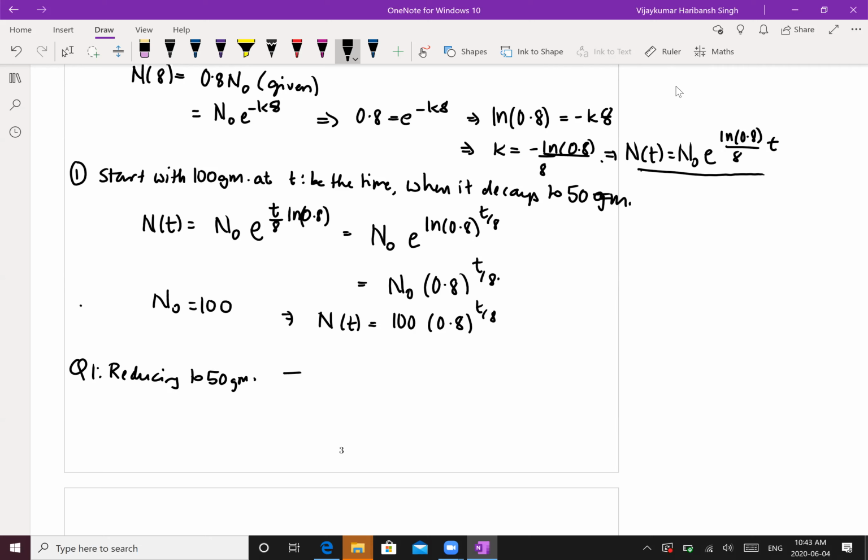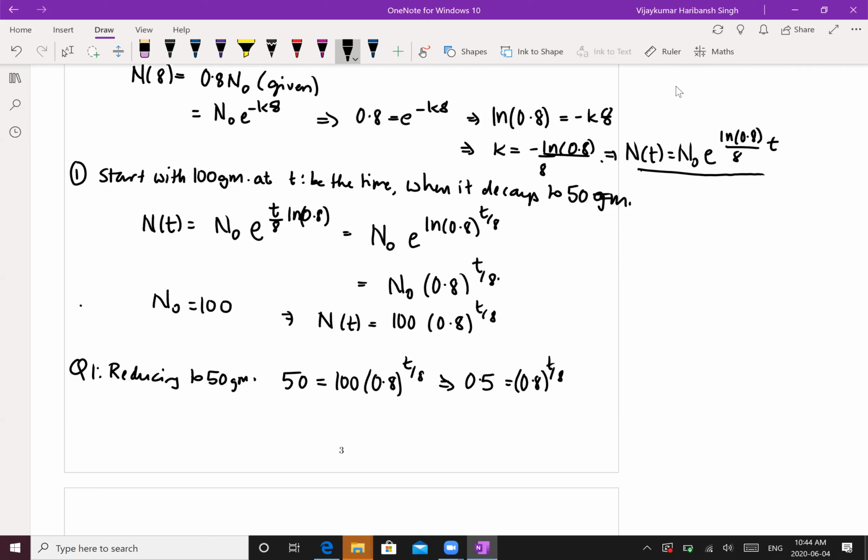We get 50 equals 100 times 0.8 to the power t by 8. This means 0.5 equals 0.8 to the power t by 8.